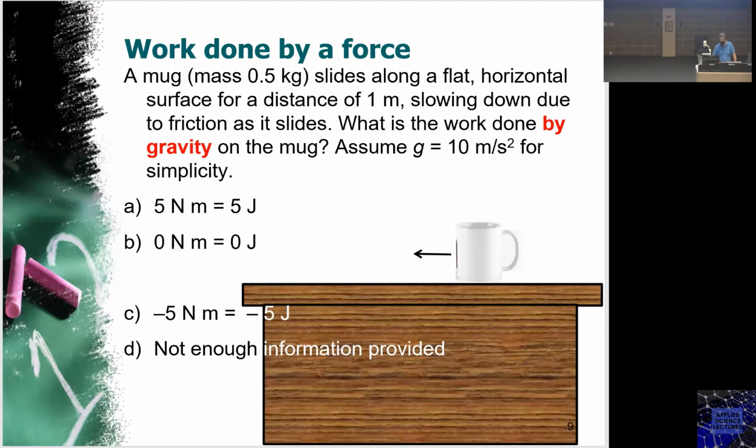Now let me ask you this. If you have a mug that weighs 0.5 kilogram, sliding along a flat horizontal surface for a distance of 1 meter, slowing down due to friction. So basically you gave that mug a push, and it went with an initial velocity, but since that table has friction, the mug went 1 meter while slowing down.